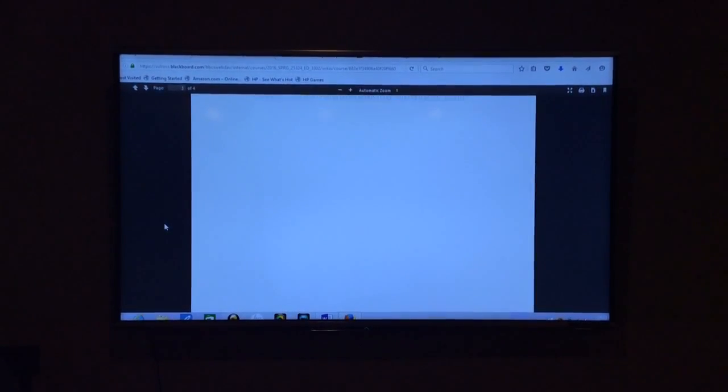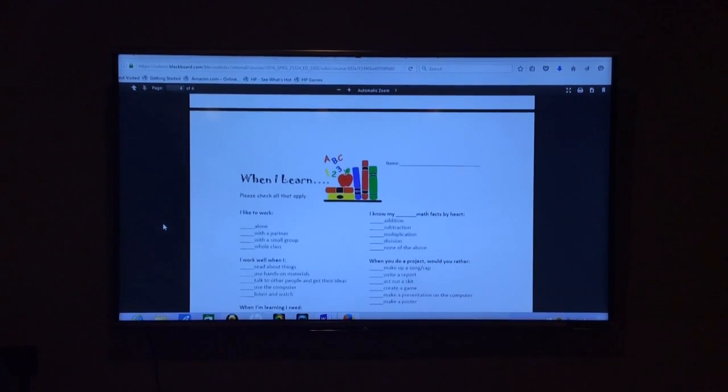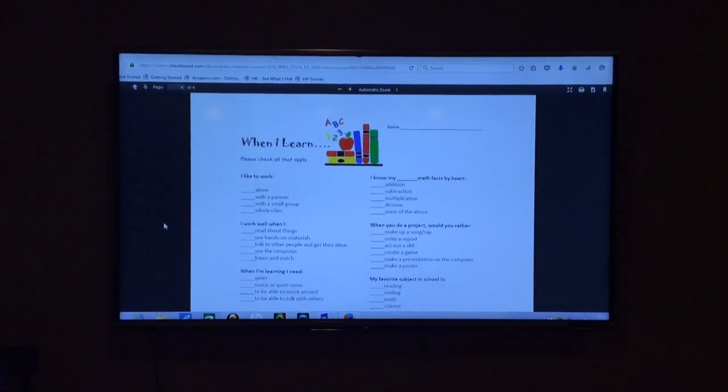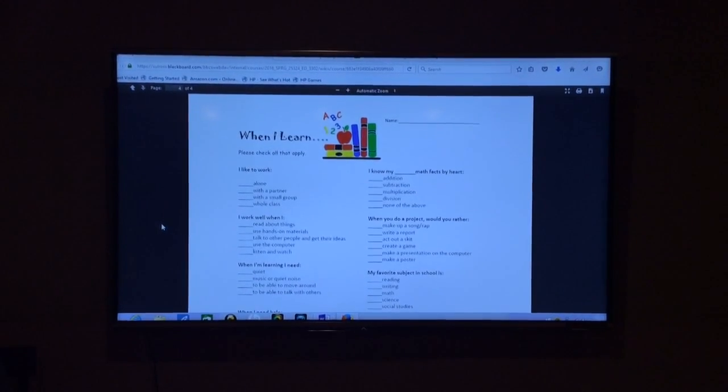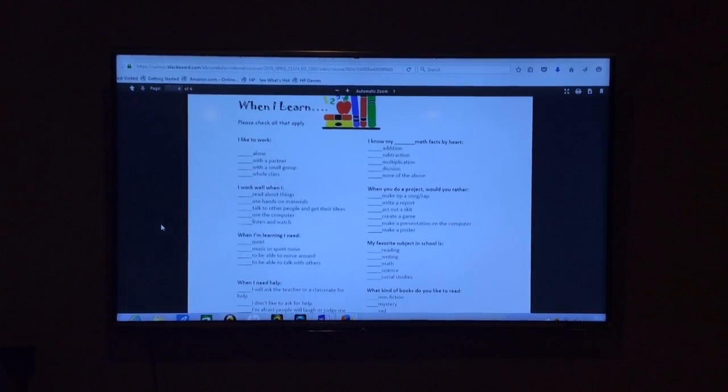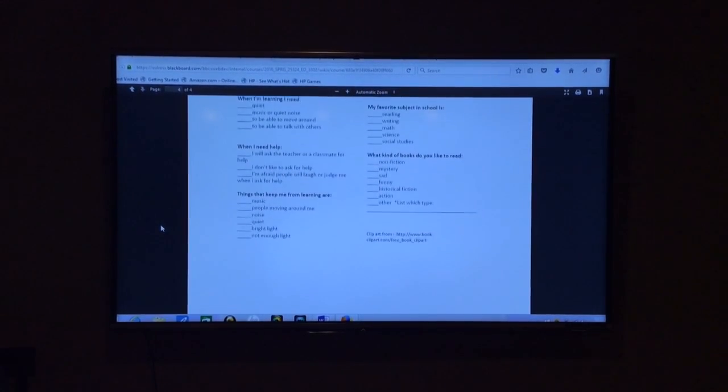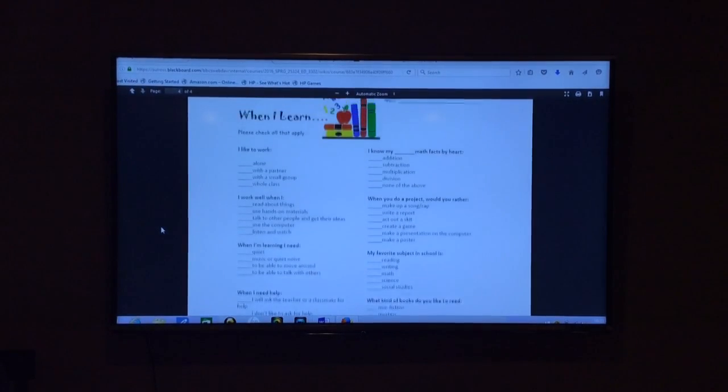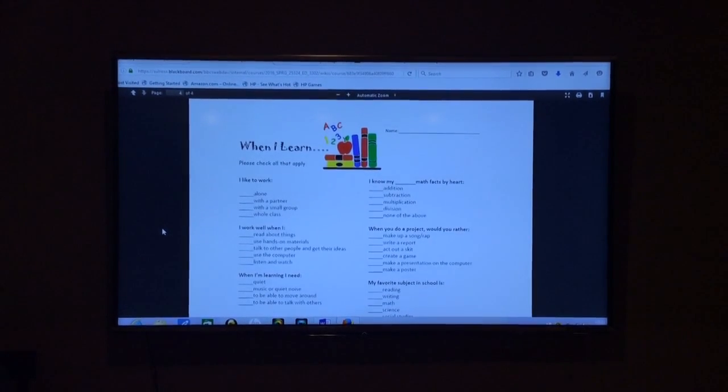And these are all found on Pinterest. And then here's the third one. So you could do all three of these or choose one. But I thought that these were really interesting and useful.